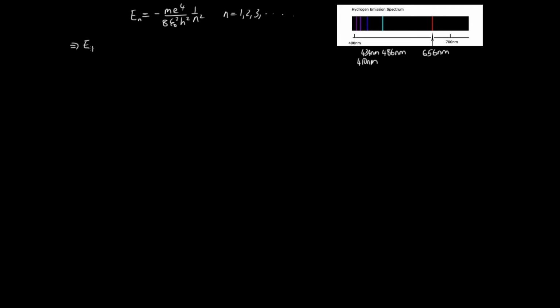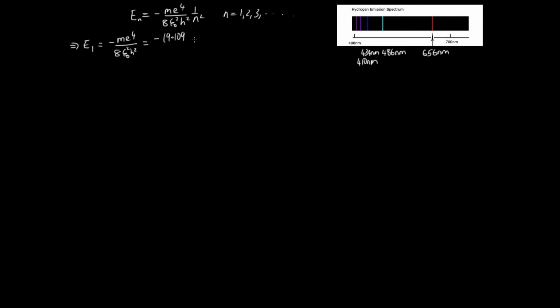The ground state is the energy with n equals 1, and so that's going to be equal to minus m e to the 4 over 8 epsilon naught squared h squared, times 1 on 1 squared, so times 1.